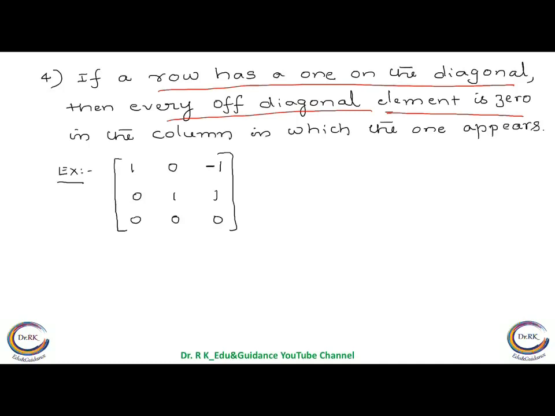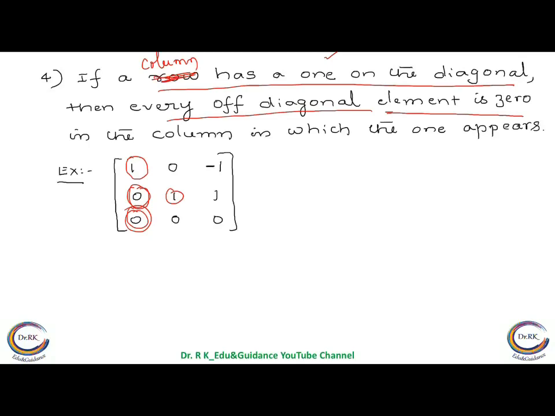If there is a 1, then every off diagonal element is zero. Similarly, actually here it is a column. If a column has a 1 on the diagonal, in that column the rest of the elements are zeros. This is a column actually.